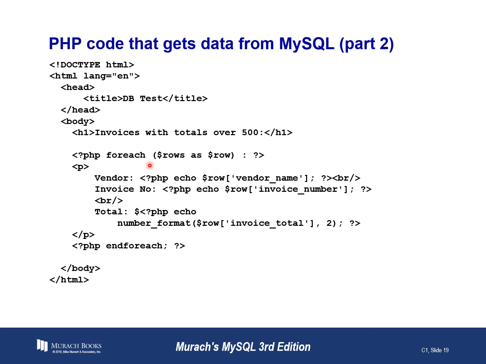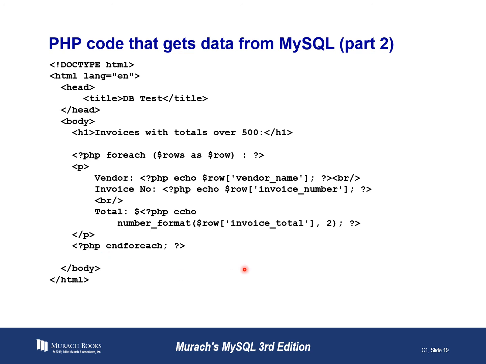What we're doing is running a for loop, and for each row in the rows array, we are going to display the vendor ID and the invoice number. Again, as I said before, this code is going to look really cryptic, because there are a lot of symbols going on, especially when you put PHP inside HTML. It looks very messy, especially if you're not familiar with PHP.